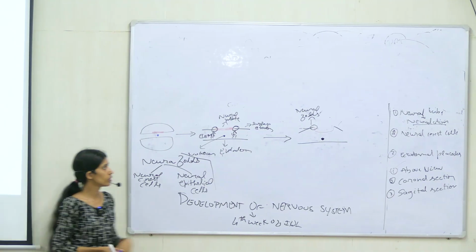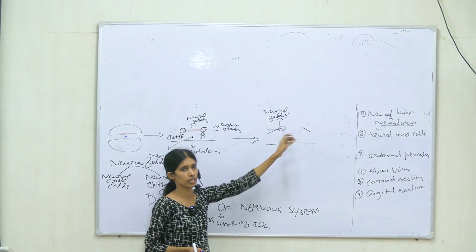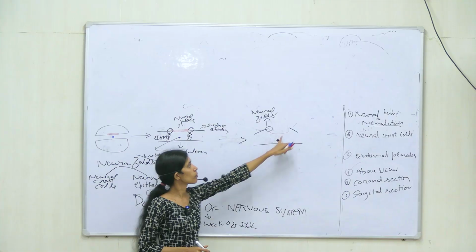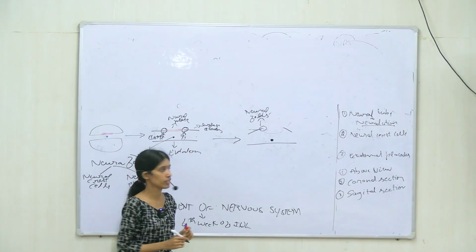Now the surface ectoderm part, the black part that you are seeing, will join together in the midline so that your neural plate is going to separate from the surface epithelium.